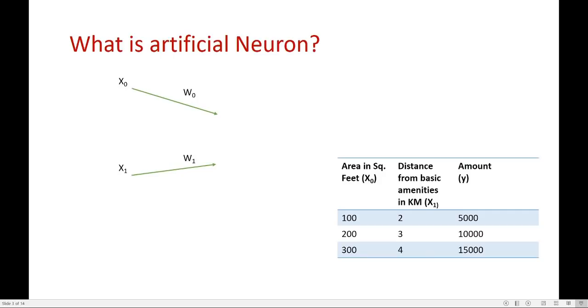Initially, we don't know the weights. Weights are randomly initialized, but basically each weight is going to indicate how important that feature is. If we assign a higher weight, it indicates that the feature is more important in order to determine the y value.